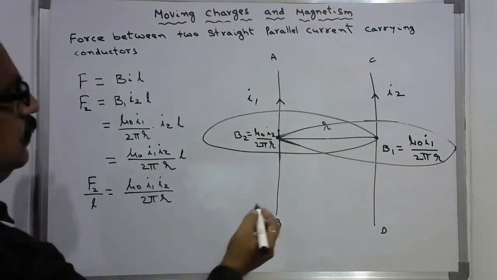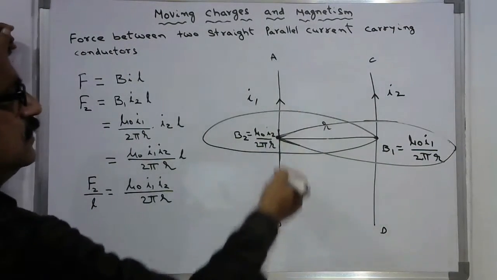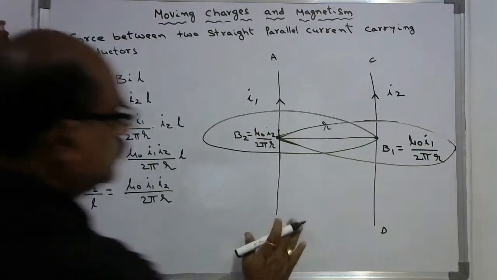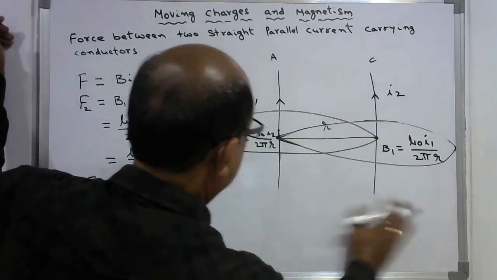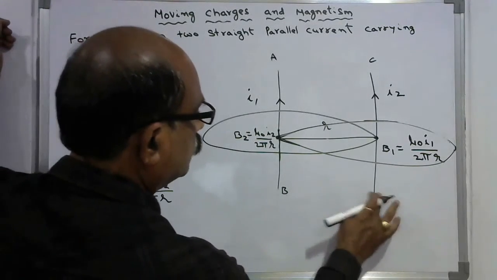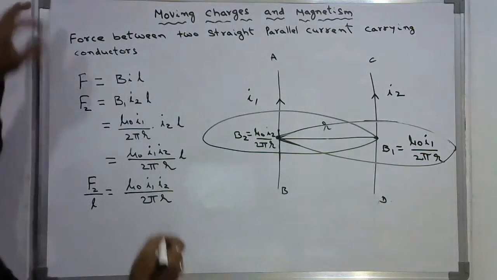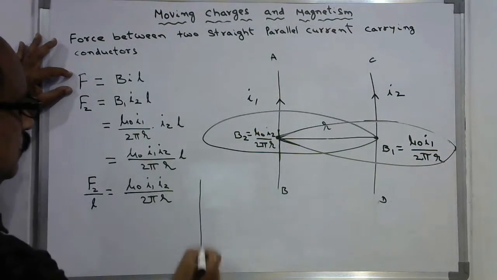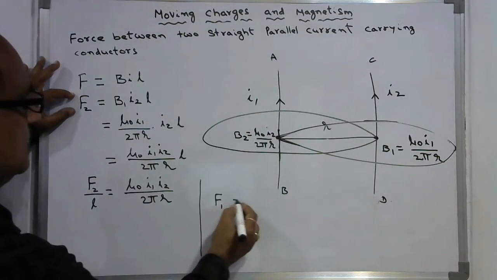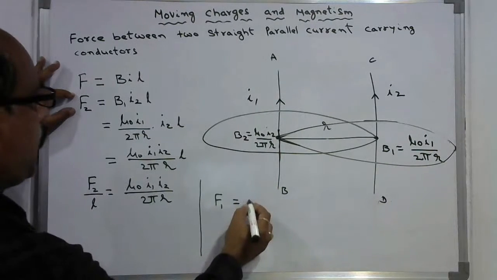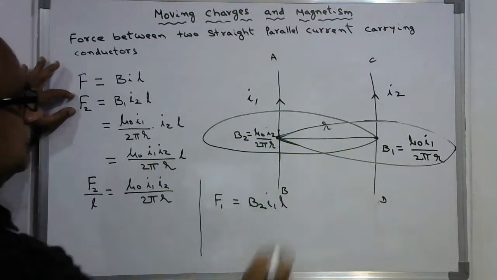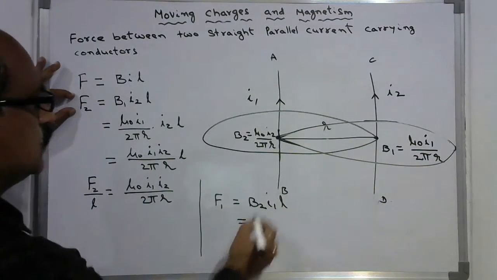So now let us find the force on AB. In the same way, you can write down the force F1 is equal to B2 into I1, current, into L. So this is equal to, what is B2?